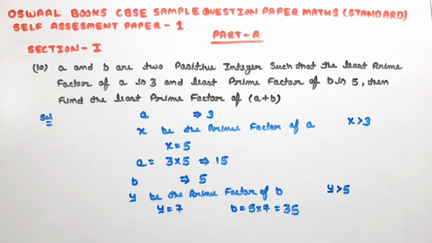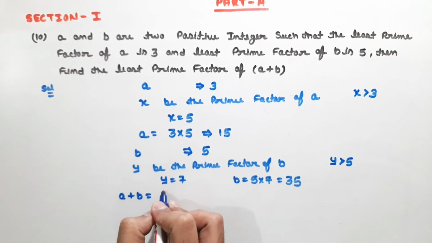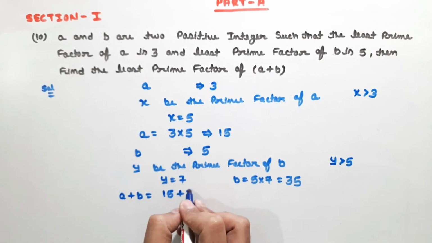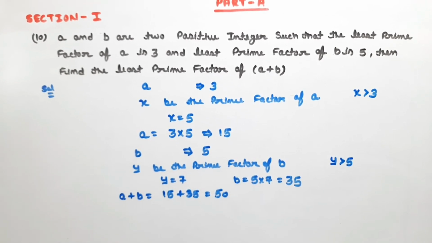Now A plus B will be equal to 15 plus 35, that is equal to 50. We have to find the least prime factor of A plus B. So we will factorize 50. So 50 will be equal to 2 into 5 into 5.